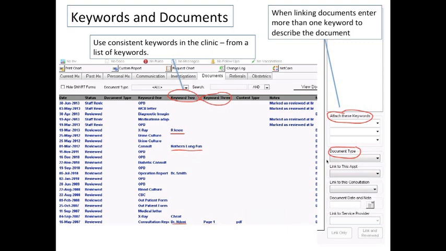If a clinician wants a description like right or left, it can be a separate keyword. For example, looking at the screen, instead of X-ray it says mammogram, and if it was only taking place on the right, then right would be a separate keyword. You'd never use the description right mammogram because you want one keyword for mammogram.